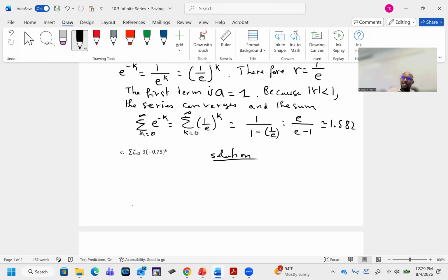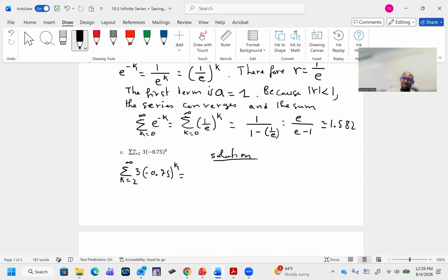So if we write out the first few terms of the series, it is helpful in this case. We start from 2 here, not 0.